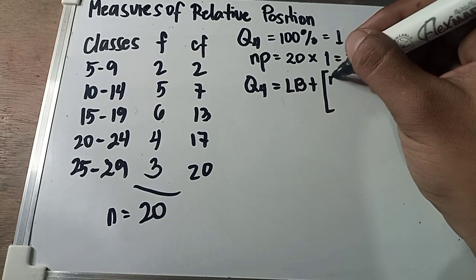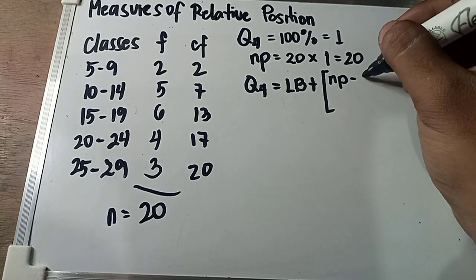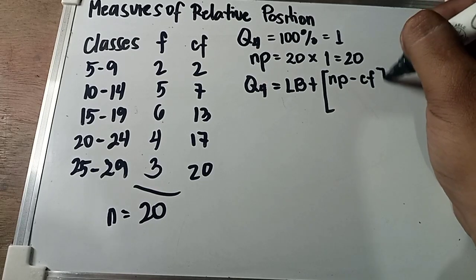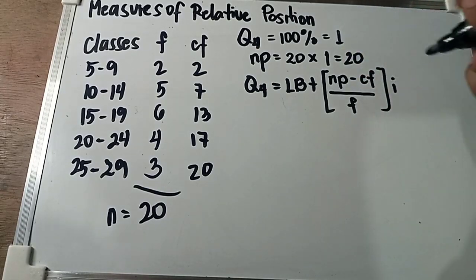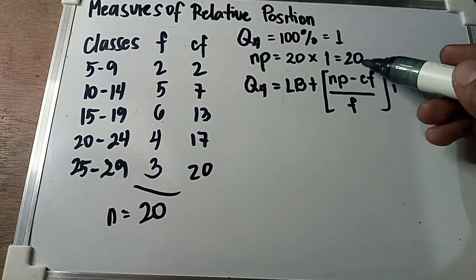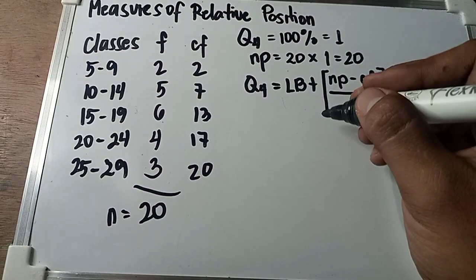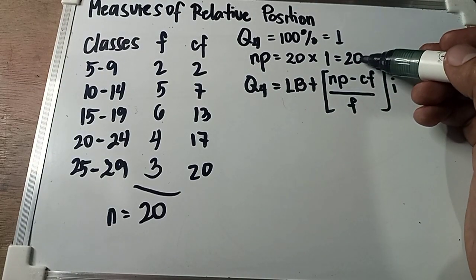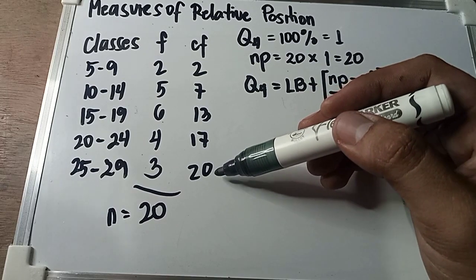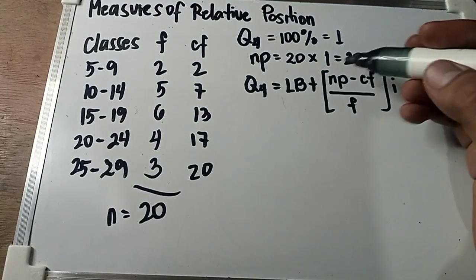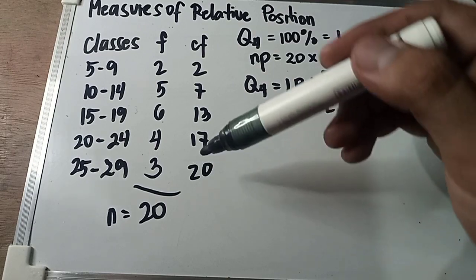So NP minus the cumulative frequency over F, then the interval. So what is your NP? Your NP is 20. Saan pasok si 20? Of course, andun na, kasi yun na mismo. So this will be your class.